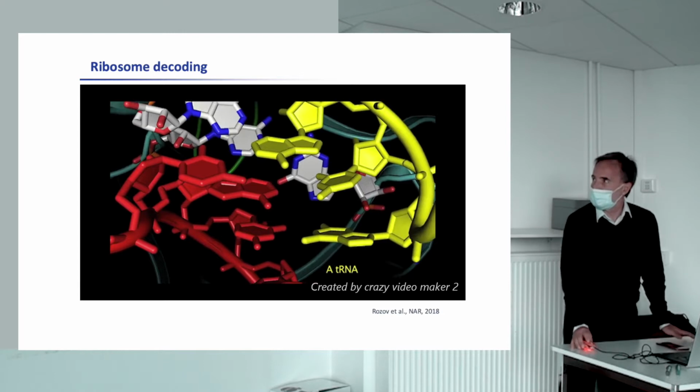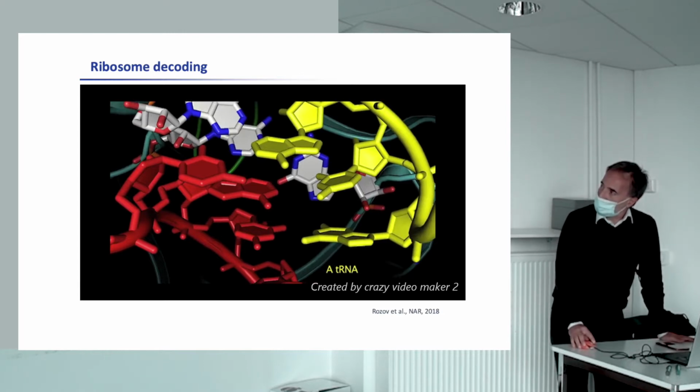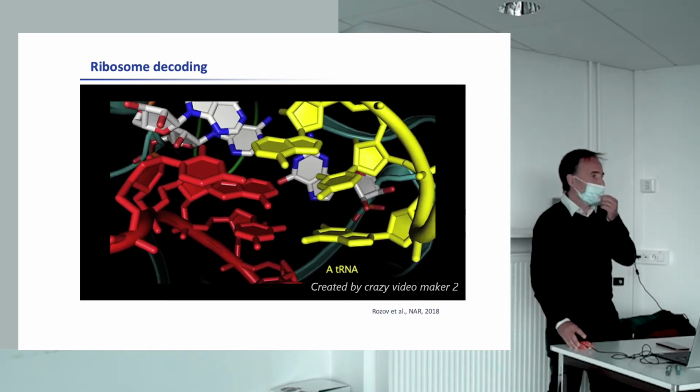What do we see here? We see residues of the ribosome, we see the decoding center, and then we start to see the interaction between the anticodon of the tRNA and the codon of the messenger RNA. Here we have the position of the codon. In this case, we will have nucleotides 36, 35, and 34 on the tRNA.